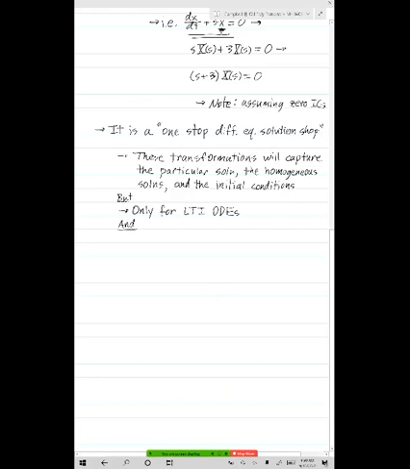Now, one other constraint is where we have time domain functions that meet, so this can only be applied to time domain functions that meet a particular requirement.